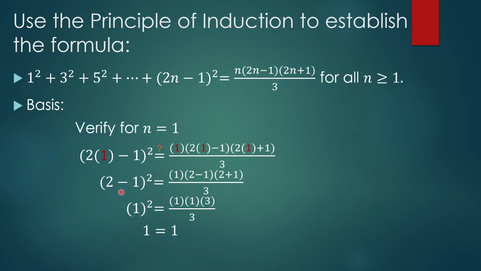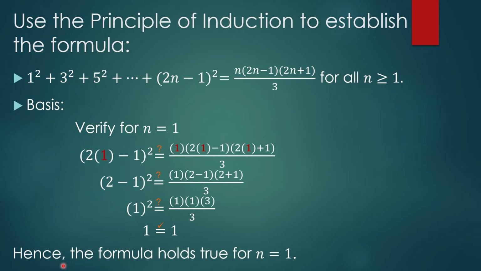Next, the quantity of 2 minus 1 squared is equal to 1 times the quantity of 2 minus 1 times the quantity of 2 plus 1 all over 3. So we have 1 squared is equal to 1 times 3 all over 3. Or simply, 1 is equal to 1. Hence, the formula holds true for n equal to 1.